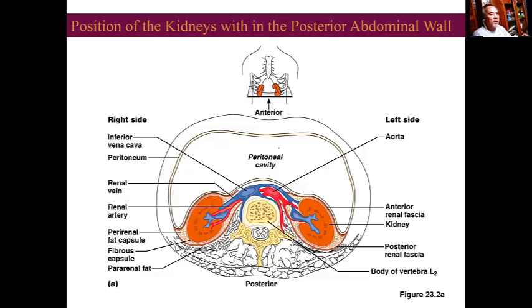The peritoneal cavity is made of your visceral peritoneum, the one that lines the covering of the organ, and then after that becomes your parietal peritoneum. The space in between them is called the peritoneal cavity. Now, you'll notice the peritoneal cavity does not have the kidney inside it. It's actually located outside the peritoneal cavity. That's the reason why the kidney is called retroperitoneal.